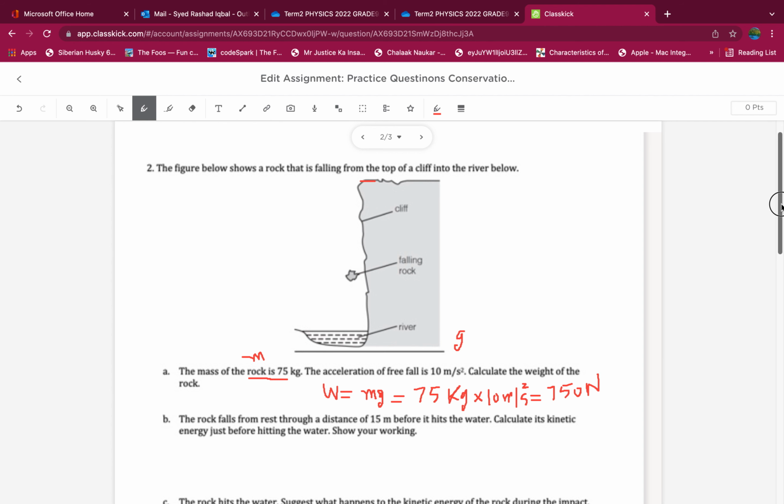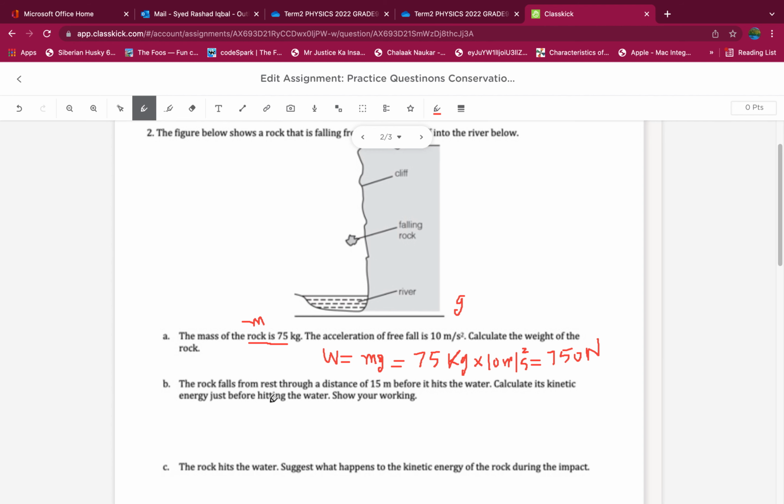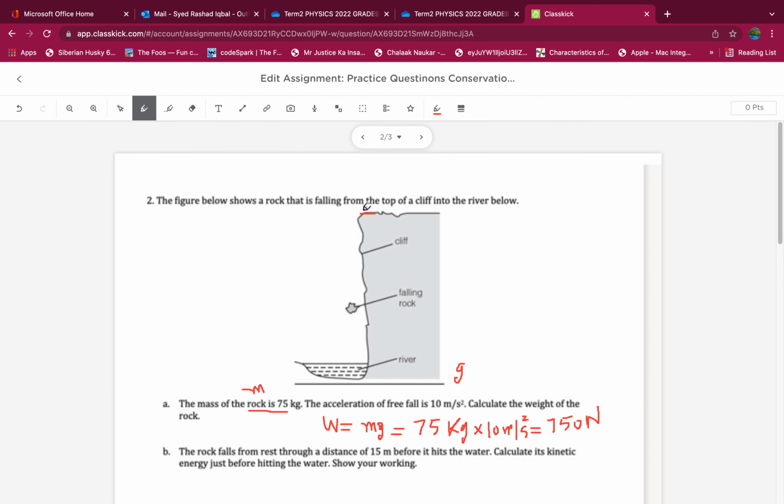Part B, sorry. The rock falls from rest. Whenever it is at the height here, it is at rest. So here what type of energy does it possess? Anybody can tell me please? Whenever it is at the height, what energy does it have? It has GPE. GPE stands for what? Gravitational potential energy.